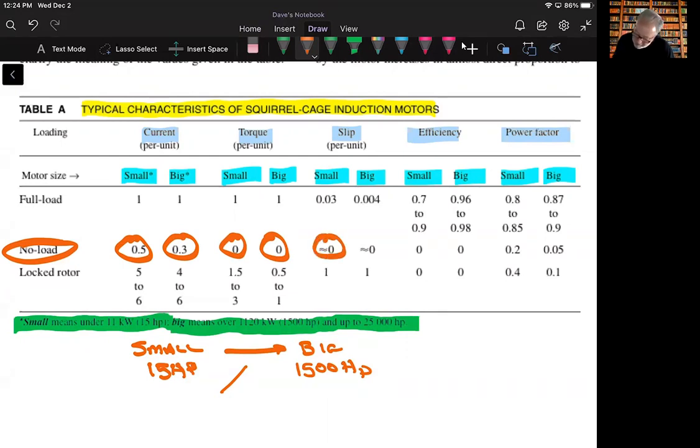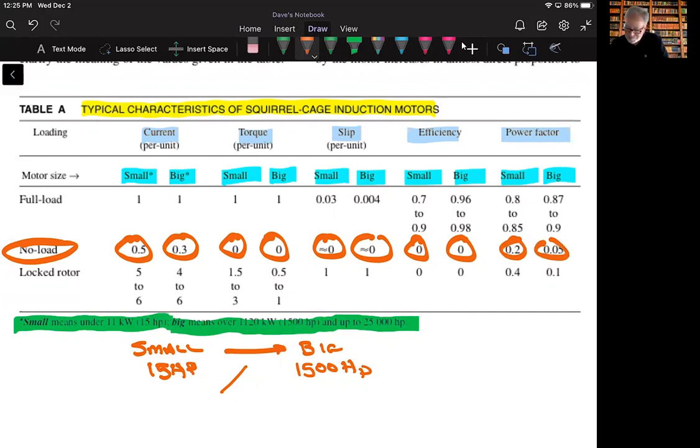In terms of the slip, it's close to zero. It can't be exactly zero, and we went through those reasons earlier when we were looking at those sections. The efficiency, of course, is zero because the motor is doing no useful work. And the power factor at no load, which is internal to the motor, is 0.2 for the small and 0.05 for the large.